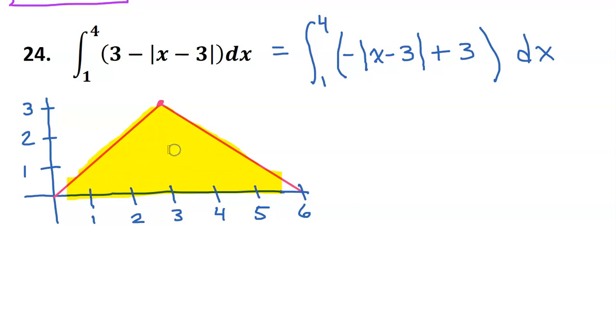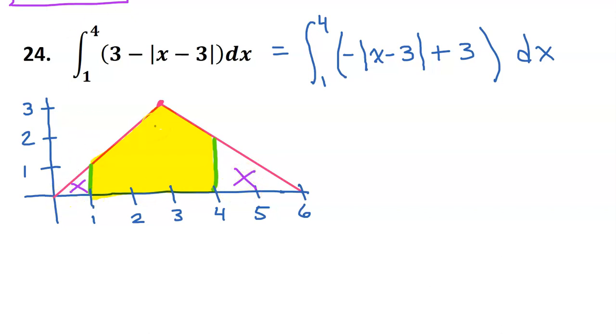However, we have limits of integration. The lower limit is 1 and the upper limit is 4. That means we actually only want the area under the curve between 1 and 4. There are multiple ways to calculate this area, but the one that's sort of jumping out at me is, what if we were to calculate the area of the large triangle first, and then subtract the areas of these two smaller triangles on the left and right?